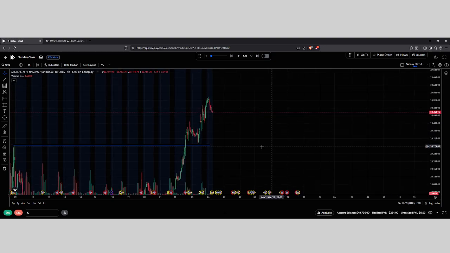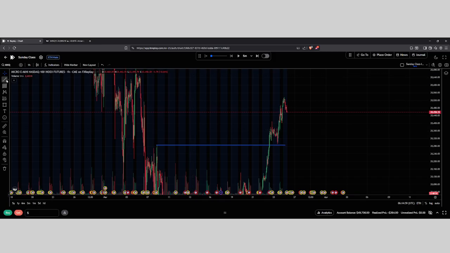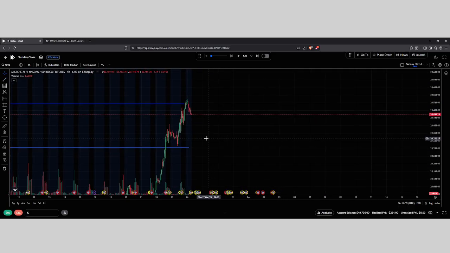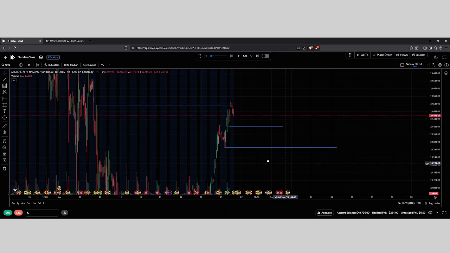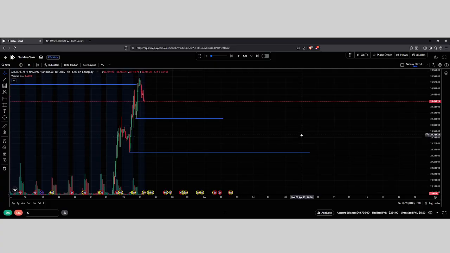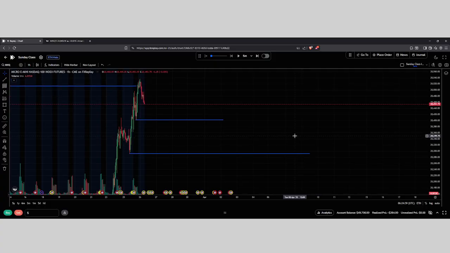This hourly inverse does have me interested because we also came and swept these highs. In some pullback, something to here potentially, as well as these lows right here. So let's play out this hour, see if we get the inverse here.